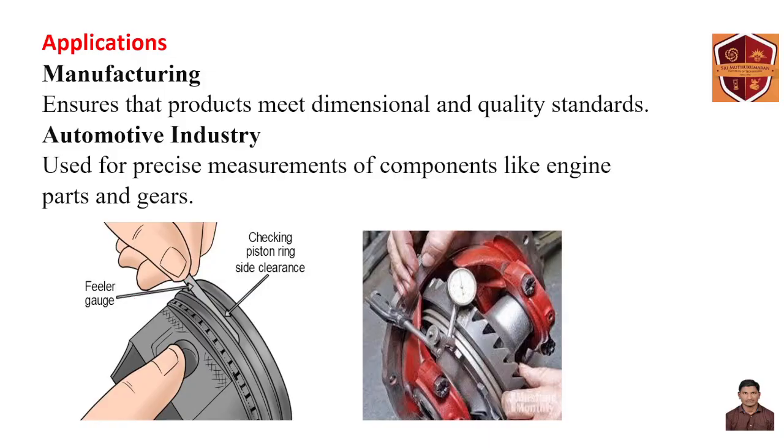By using this feeler gauge, you can easily check the piston ring side clearance. There are different thicknesses available in this feeler gauge. Second one, dial gauge. By using this dial gauge, you can easily find out the surfaceness of the flywheel and gear surfaceness.